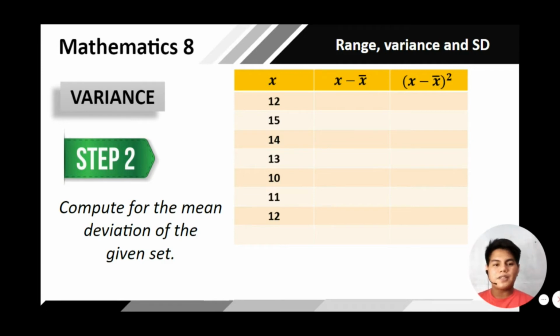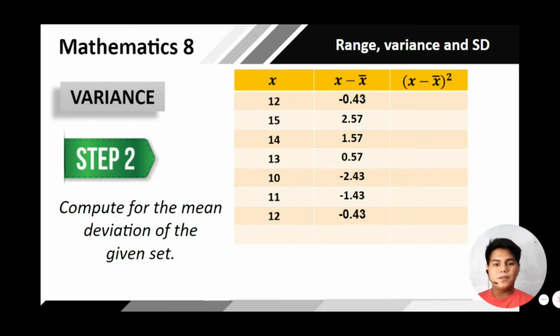Let's take a look first at the second column. To find the second column, just simply subtract the mean from each data in our given set. For example, the first data is 12. 12 minus 12.43 is negative 0.43. Just continue this process until you reach the end.